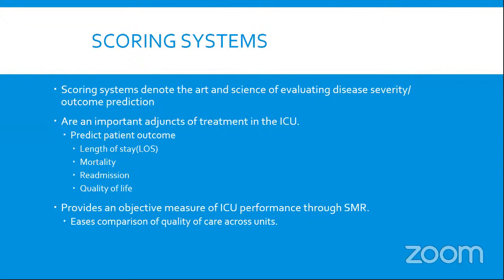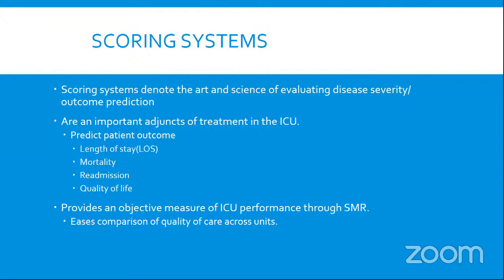And the patient dies before even the third day. It shows there was no objective method of assessing disease severity. Somebody just subjectively looked at it and said, okay, don't worry, you're not too bad. That is not what scoring systems do.